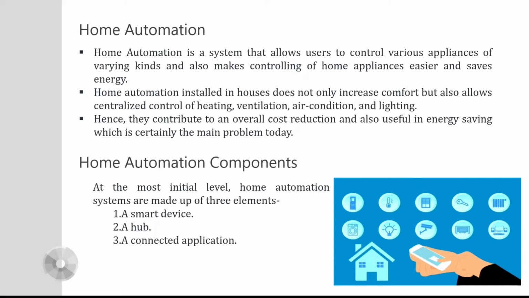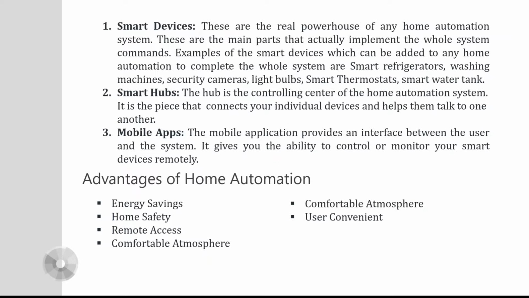These are the requirements for home automation. Moving on to the details, smart devices are the devices which can be used in a home automation system, and they are the main part that implements the whole system's commands.